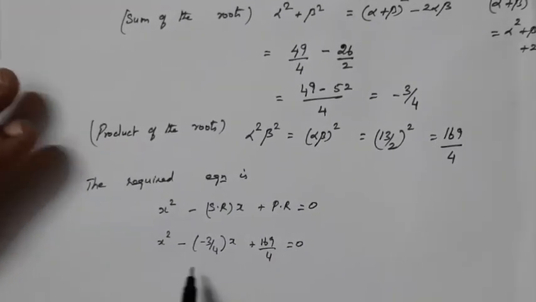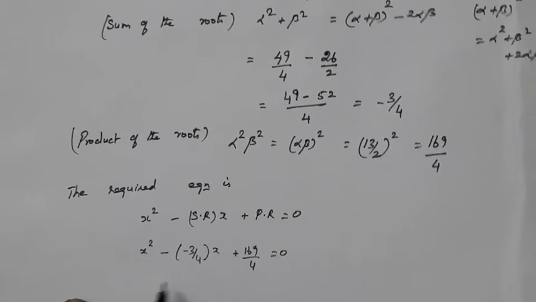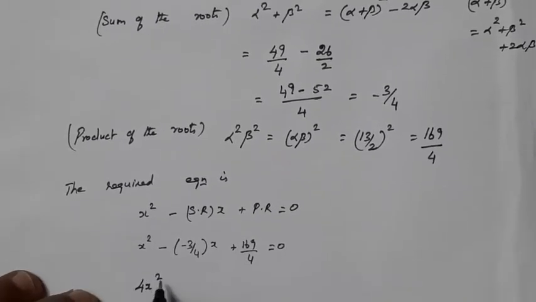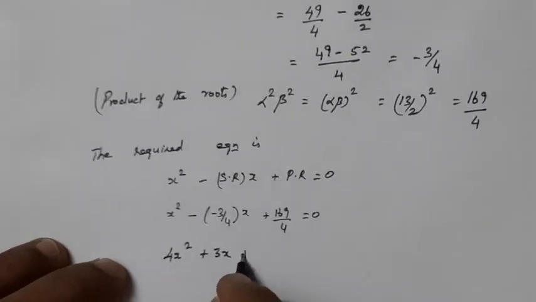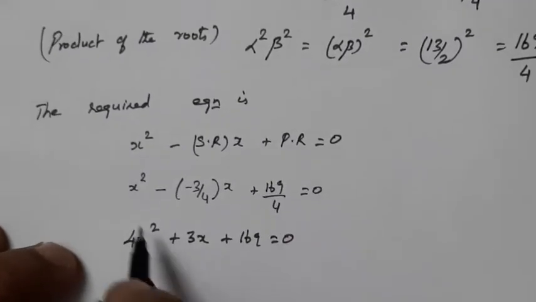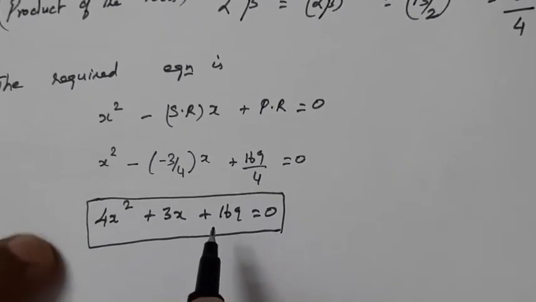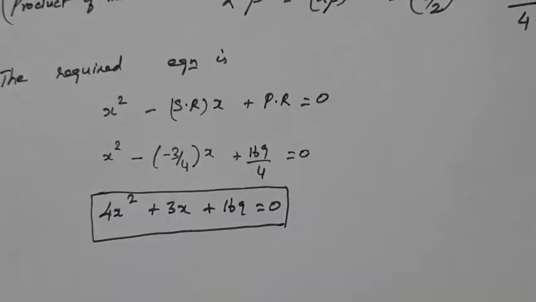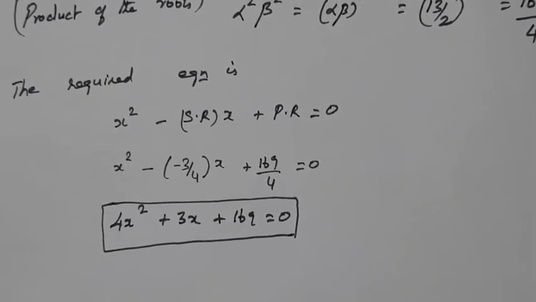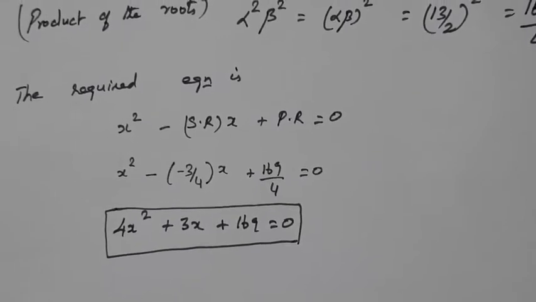To make the coefficients integers, let us multiply throughout by 4, that is 4x squared plus 3x plus 169 is equal to 0, the required quadratic equation whose roots are alpha squared and beta squared. So without finding the values of alpha and beta, we can directly get the equation by this formula.